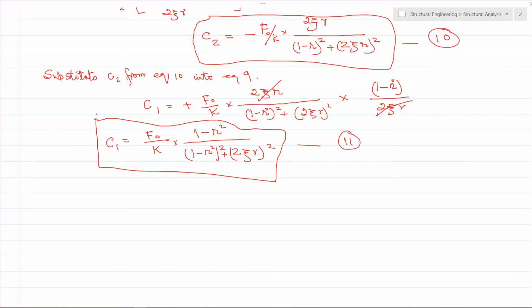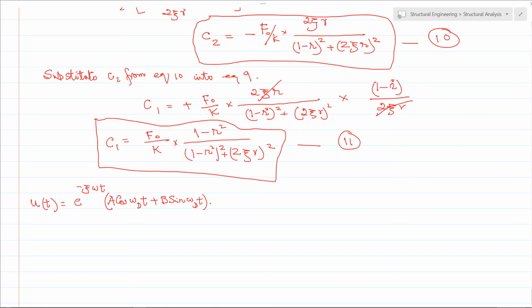As you know, if you recall, our final solution was e raised to power minus xi c omega t into A cos omega d t plus B sin omega d t.